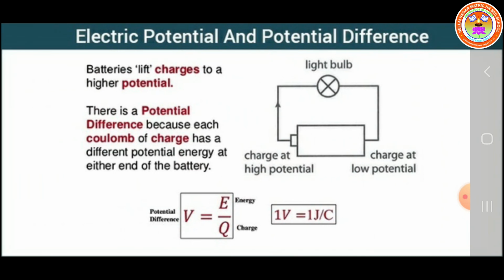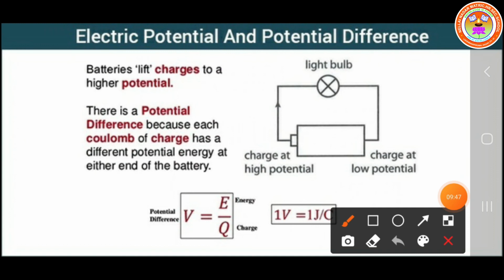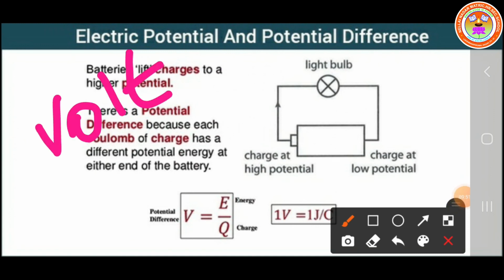The potential difference between any 2 points in the circuit is the amount of energy needed to move one unit of electric charge from one point to the other. The unit of potential difference or voltage is the volt.